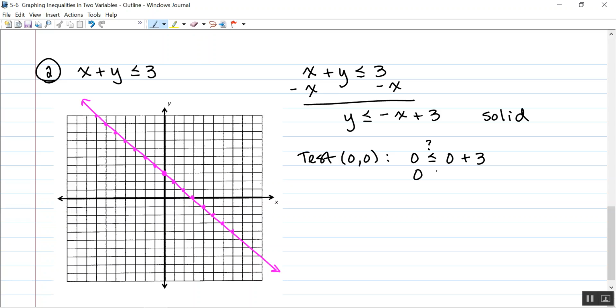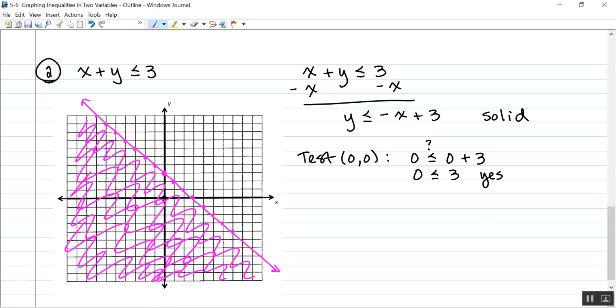Is 0 less than or equal to 3? Yes, it is. So here's 0, 0. So I'm going to shade the side of the line that contains that. So that would be all of this over here.